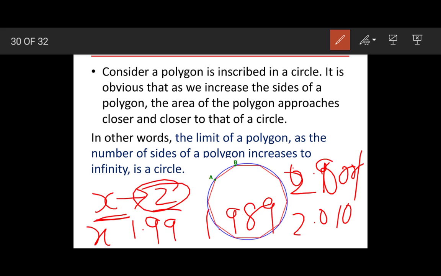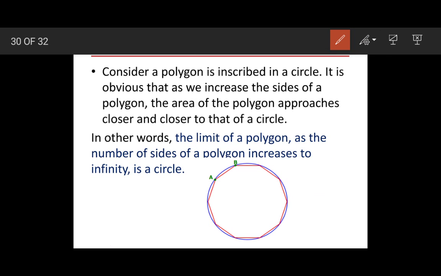In other words, the limit of a polygon as the number of sides of the polygon increases to infinity is a circle.